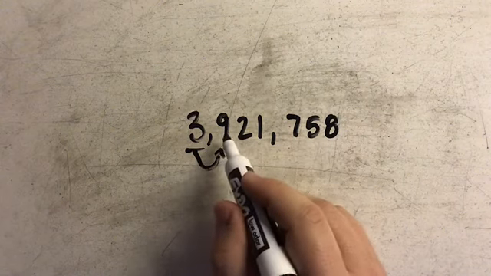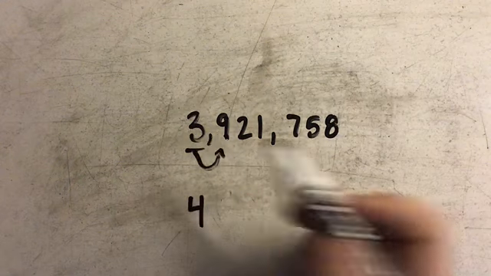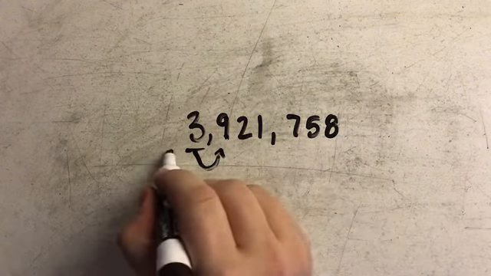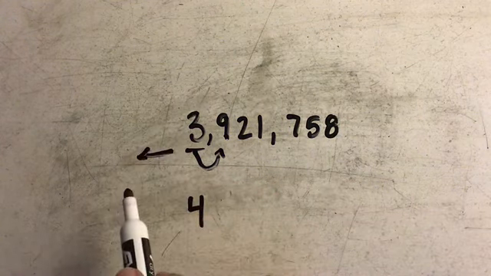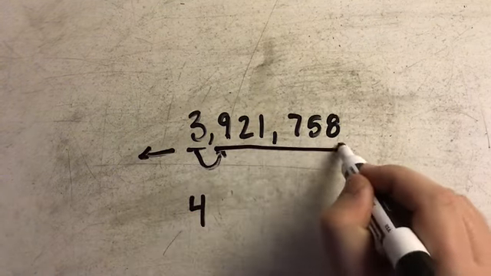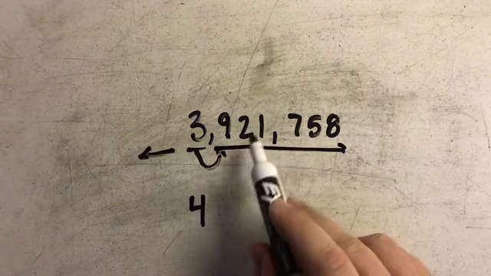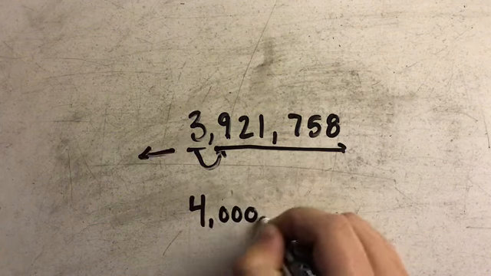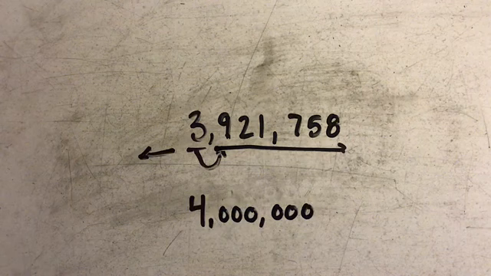Well, that 9 is greater than 5, so I'm going to add one more to my 3, and that becomes a 4. Numbers in front stay the same. In this case, I don't have any numbers out in front, so I don't need to do anything with that. But numbers behind, zeros their name. So each one of these digits needs to change to a 0. The only number that should be left in this case would be the number that we rounded to.